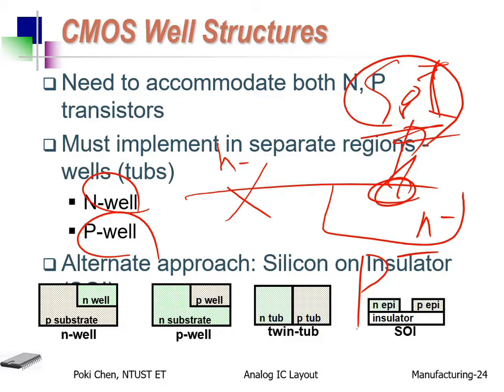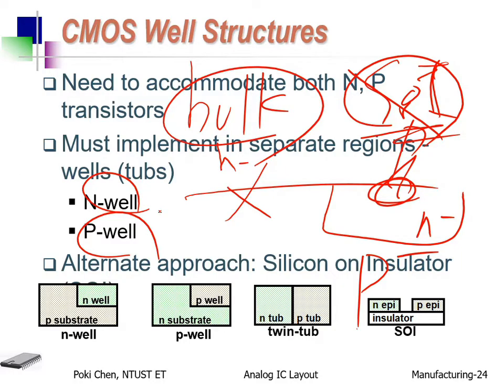TSMC and UMC, for mainstream fabrication, don't use SOI. They use the bulk process. So what is the difference? Anyhow, for SOI, all the devices are insulated from the substrate, so they can get better performance than the bulk process.